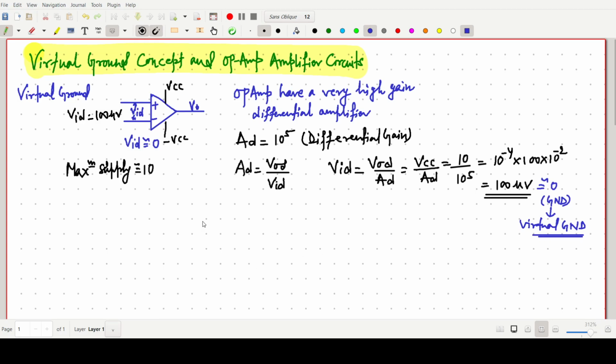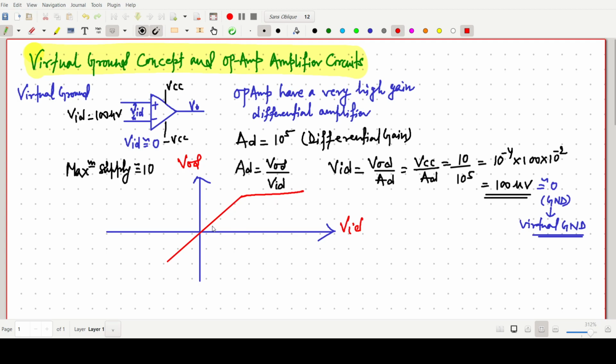Is it clear? One more thing, suppose I have already discussed this thing, but again I am drawing the curve. Okay, Vod by Vid. So if we draw the curve, it will be somehow like this.